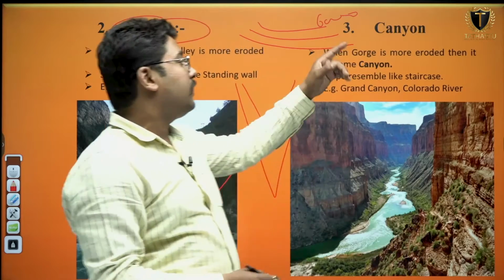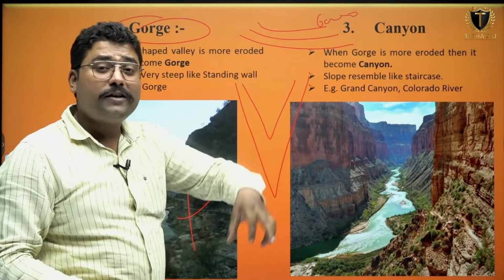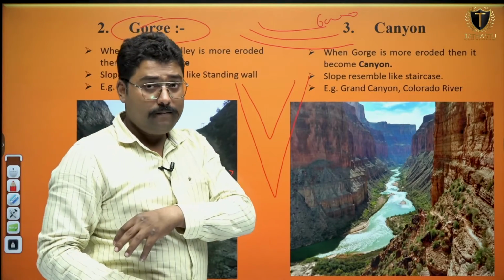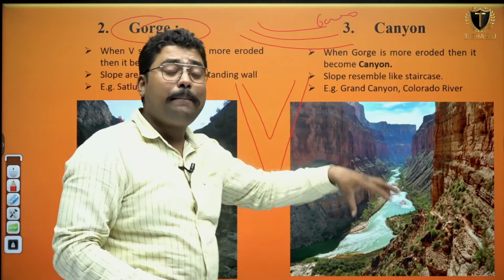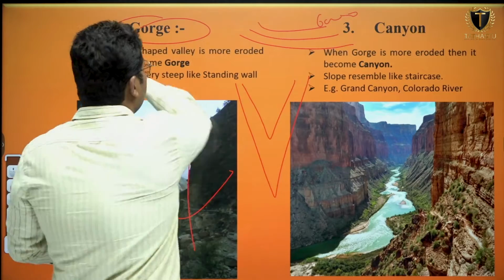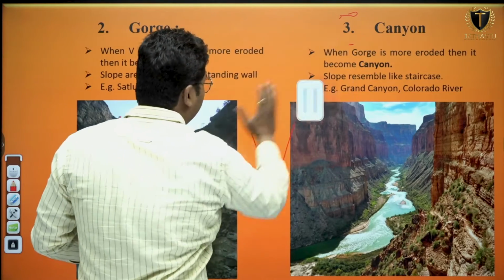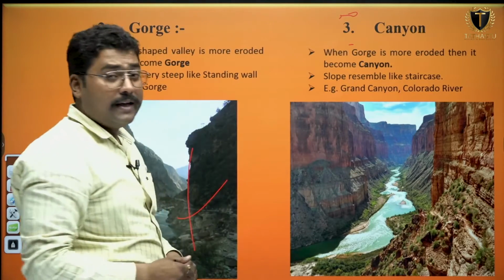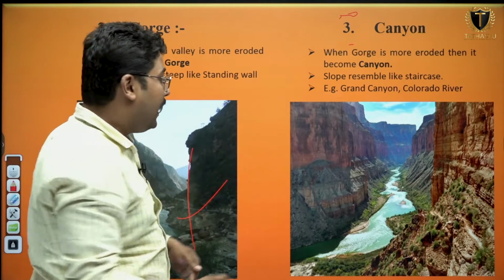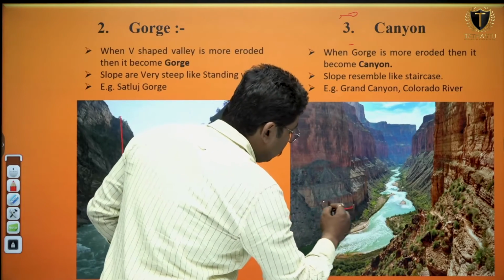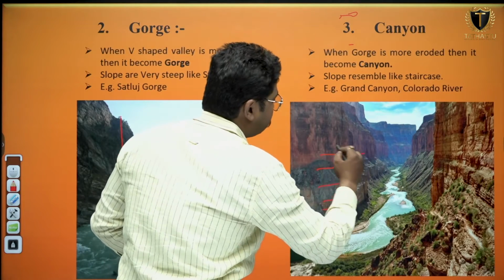Now moving on to the canyon. When the V-shaped valley or gorge is cut down further, and this happens in semi-arid regions where the soil profile is very loose, then the slope gradient will become higher and the slopes will resemble a staircase.